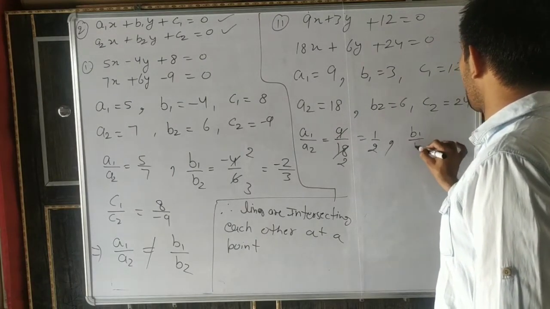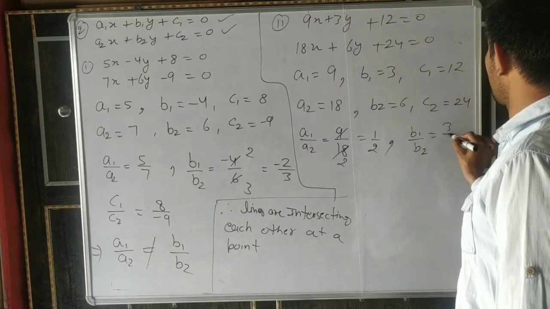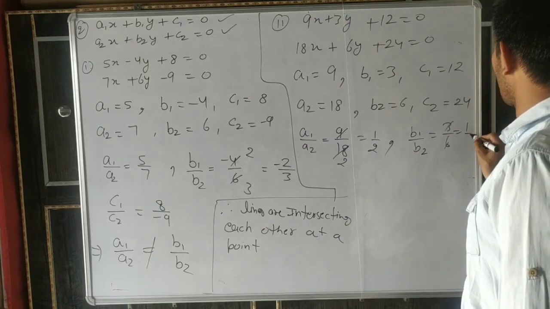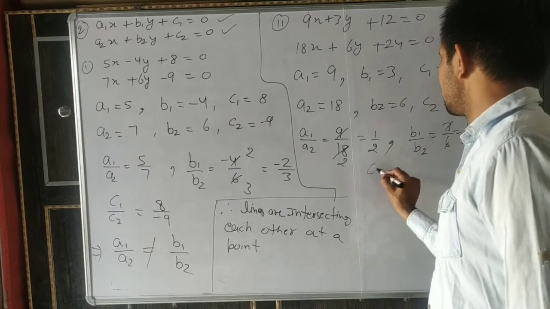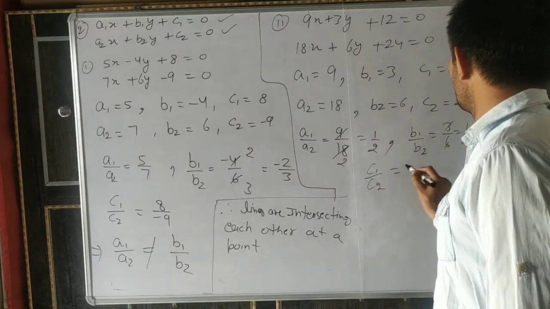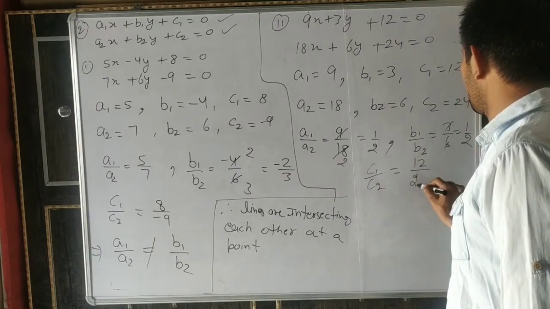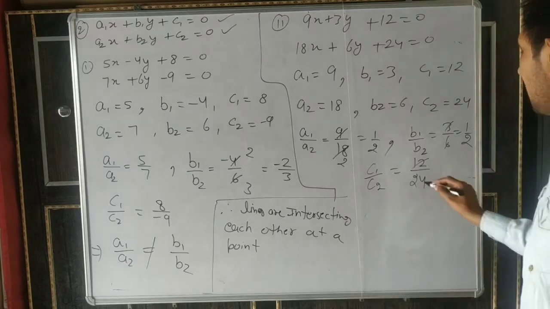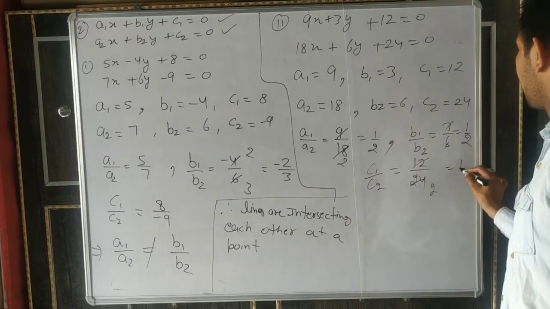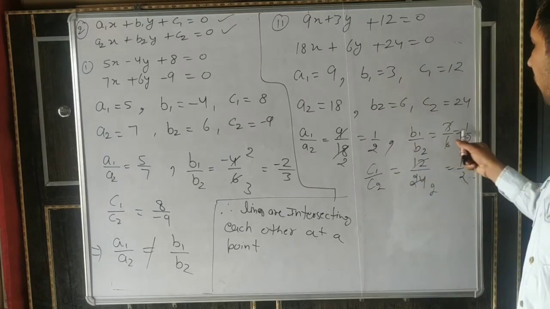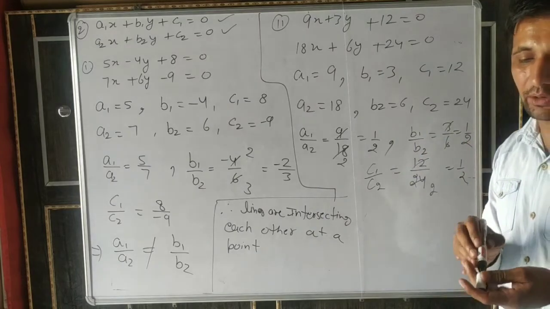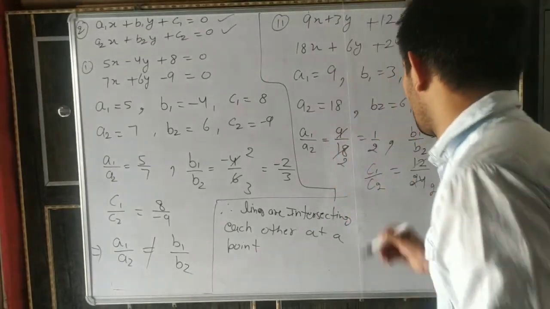Now B1 by B2, 3 upon 6. It is also 1 upon 2. C1 upon C2, 12 upon 24. It is also 1 upon 2. All are equal? Yes.